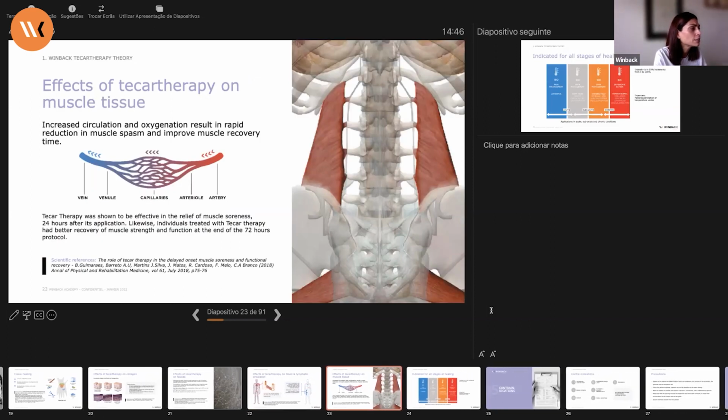So on muscular tissue, how does the Winback give us a response? Increasing the circulation and the oxygenation gives us a quick reduction in muscle spasm and improves the muscle recovery time. Tecar therapy was shown to be effective in the relief of muscle soreness 24 hours after the application.